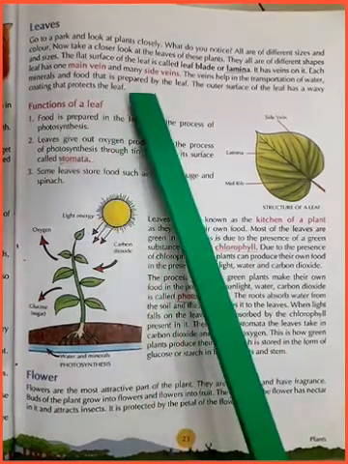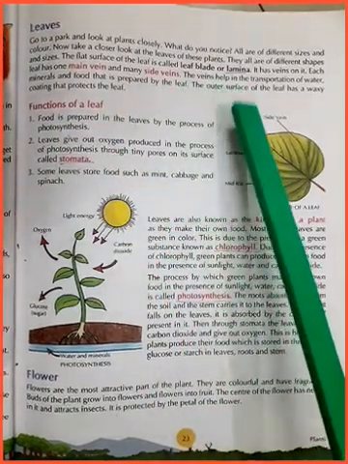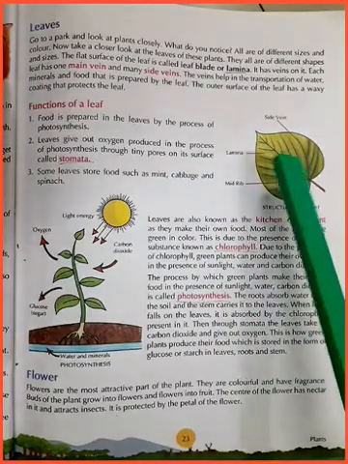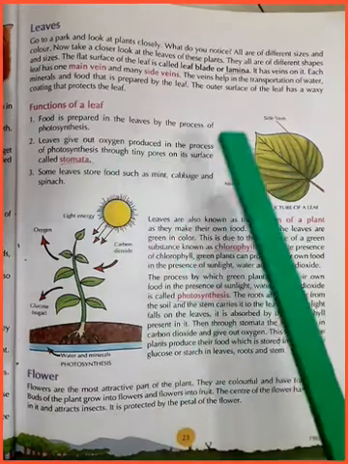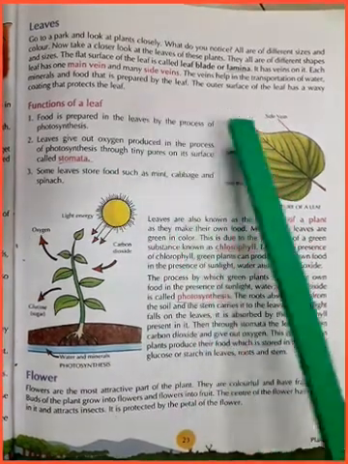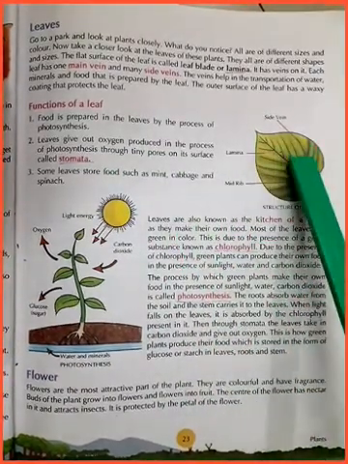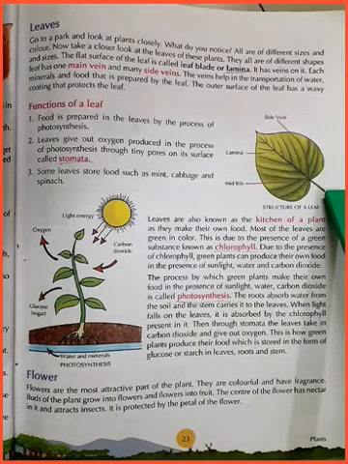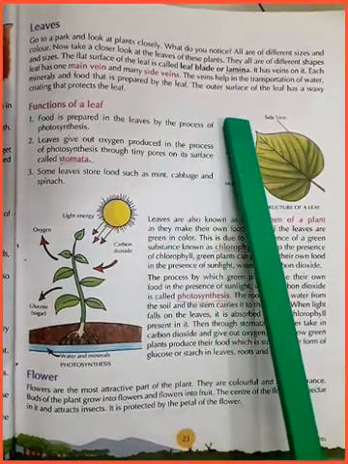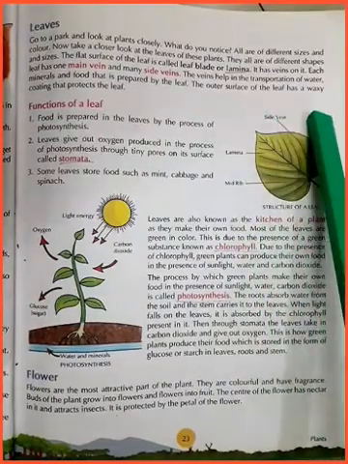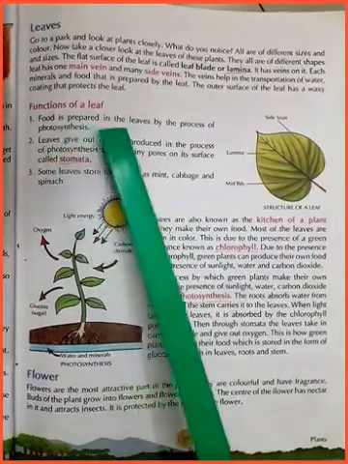The flat surface of a leaf is called leaf blade or lamina. It has veins on it. Each leaf has one main vein and many side veins. Veins help in transportation of water, minerals and food that is prepared by the leaf. The outer surface of the leaf has a waxy coating that protects the leaf.